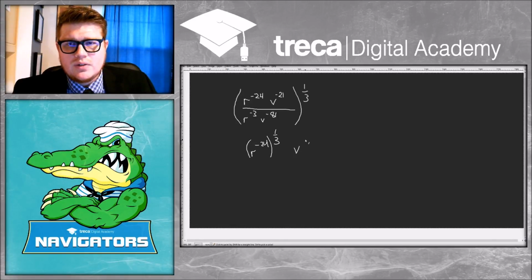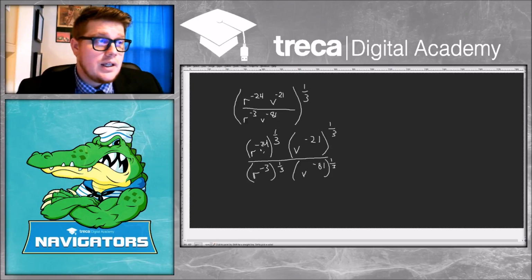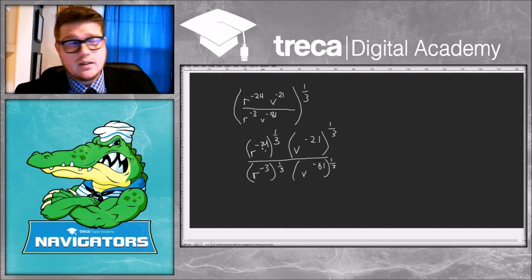So we're going to go ahead and distribute first. As you recall, when we raise a quantity to another exponent, we are going to multiply the exponents together.